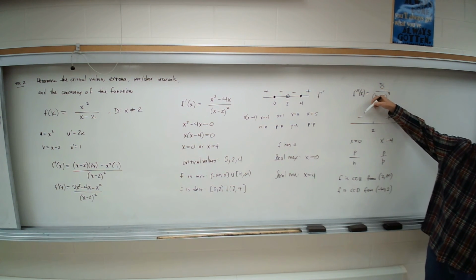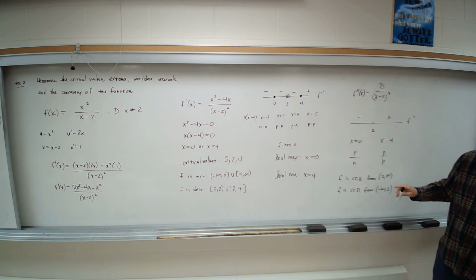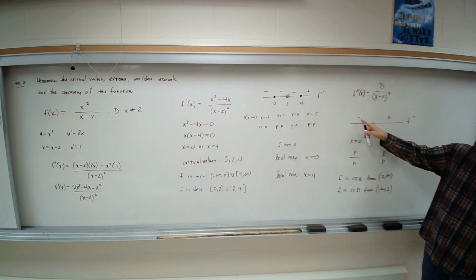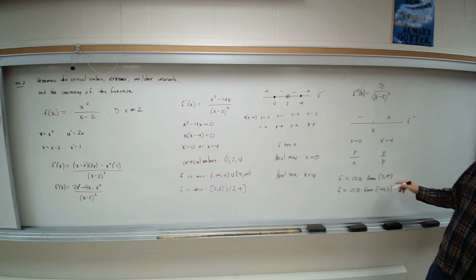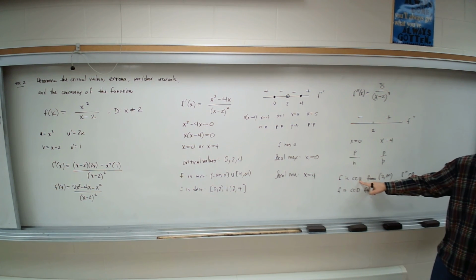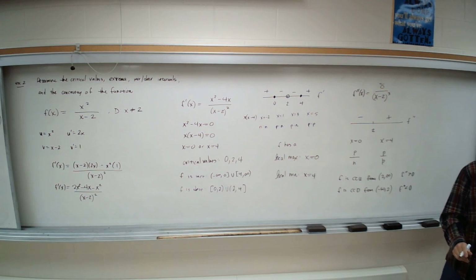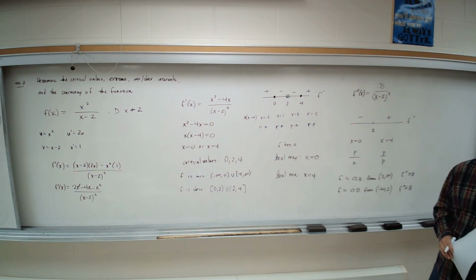Second derivative's negative, it's concave down on that interval. By definition, remember here that if f double prime is greater than 0, it's concave up. And if f double prime is less than 0, it's concave down. Now, do you think the original function, oh yeah, question?